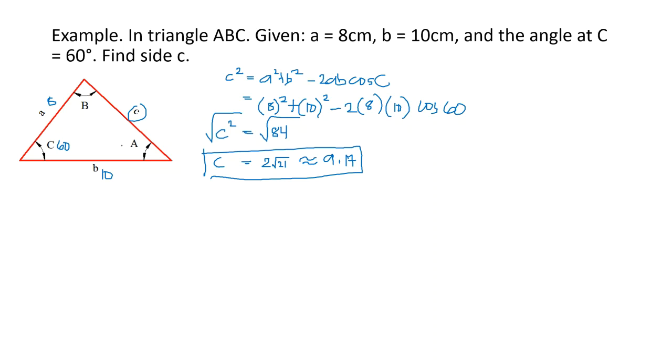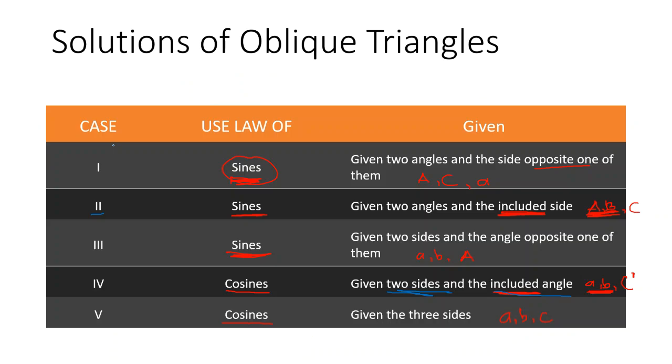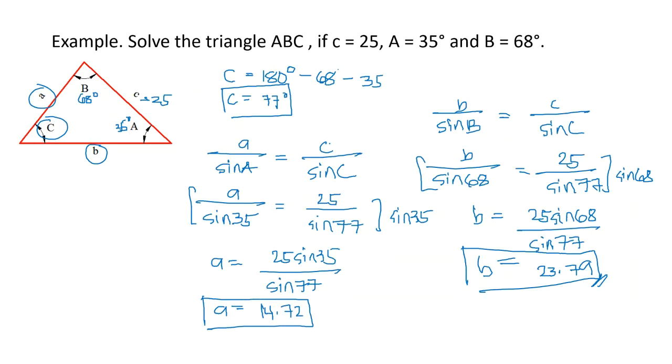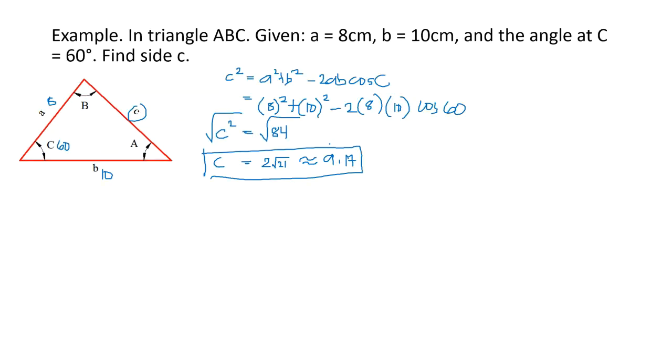Do you think we can solve for angle A from this one? Let's see if we can solve for angle A. For angle A, we need to have the values for our B, C, and A. We can actually solve for that already since we have the values for the three sides. So angle A is basically equivalent to arc cos, or inverse cos, of B squared plus C squared minus A squared over 2BC.